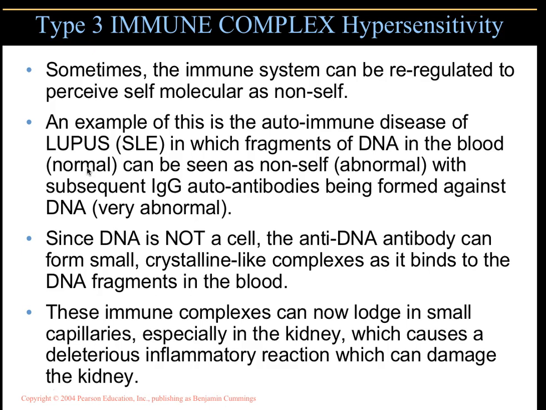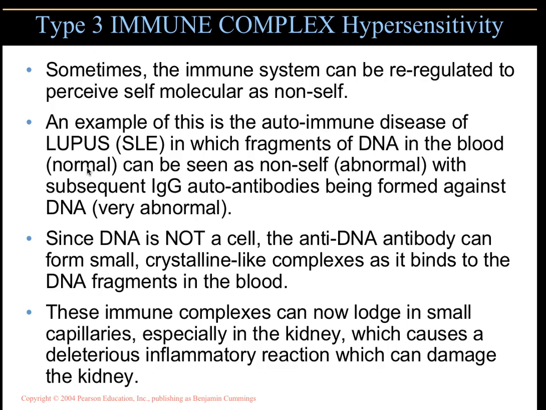But you do have body cells that are going to die normally during the day, and the fragments of the cell, including fragments of DNA, should just be filtered by the kidney and just peed out of the body. And that's what happens to the rest of us.